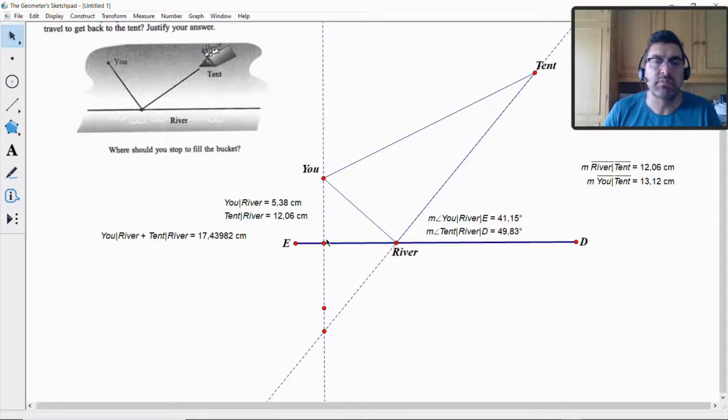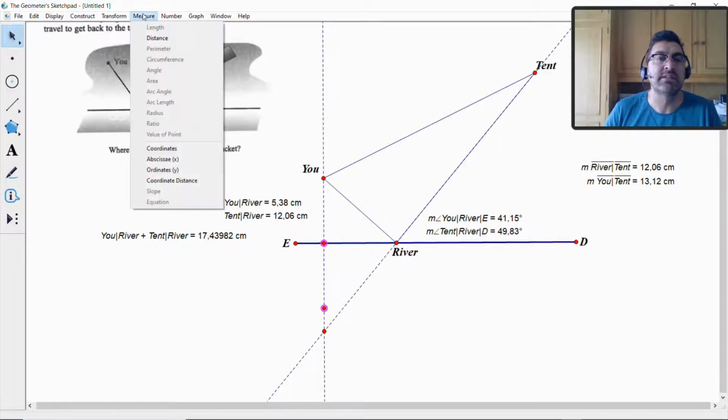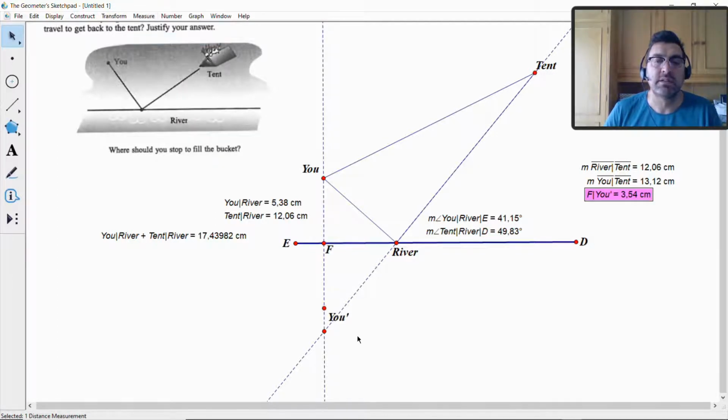So I want to measure that distance from there to that. Now remember, this is the reflected point for you. Okay, so I measure that distance, that's u prime because it has been reflected. Okay, so I've got the reflective distance there.